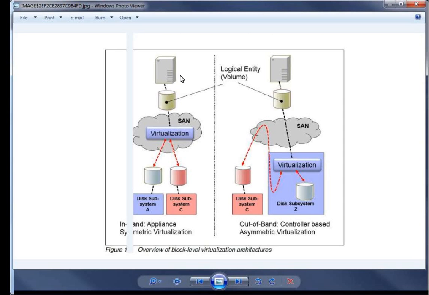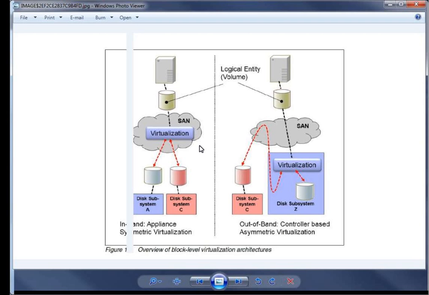In essence, the I/O request is not being redirected, but a new, fresh set of I/O requests is being regenerated from SVC, making SVC the initiator of such a request. If you look in this case, here the initiator is still the host and the target is still the third-party disk subsystem in the out-of-band controller-based virtualization.